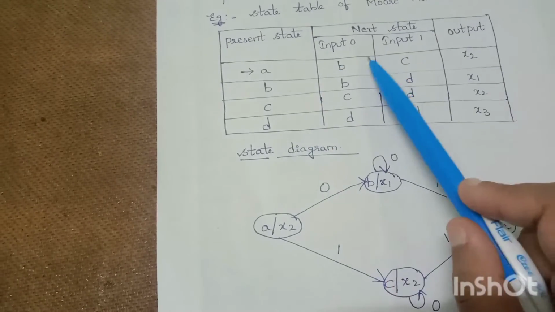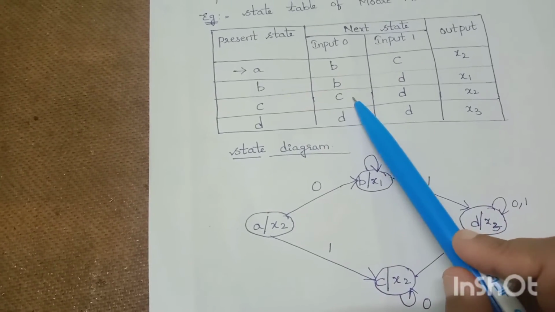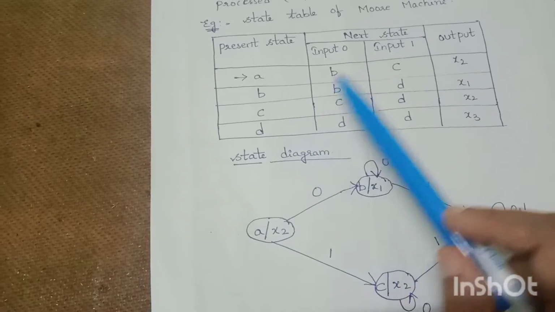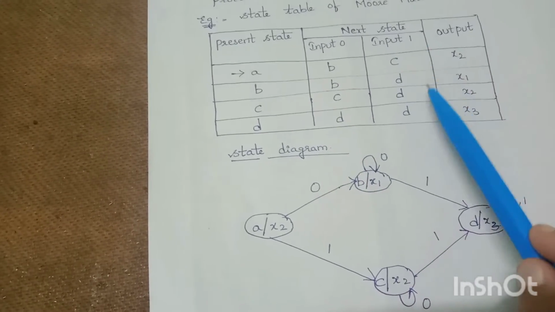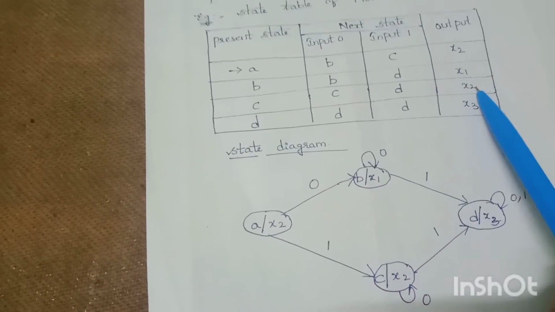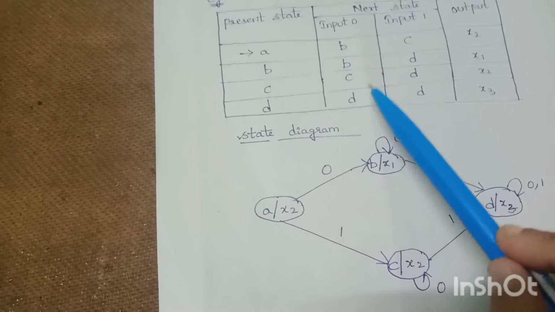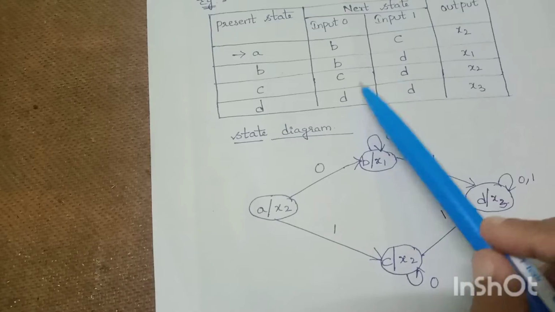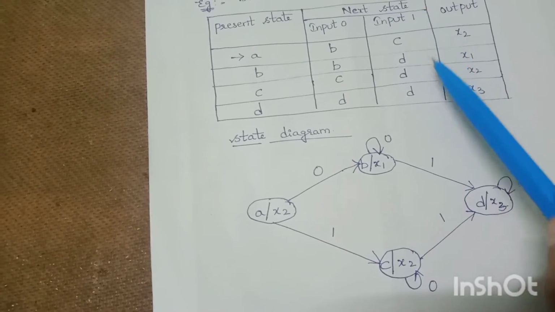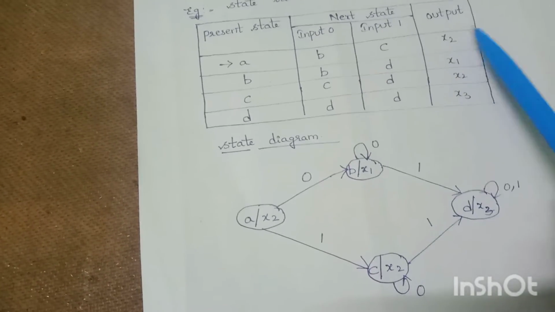C, on taking input 0, reaches state C, and on taking input 1 goes to state D, and the output is x2. D, on taking input 0, goes to state D, and on taking input 1 also moves to state D, and the output is x3.